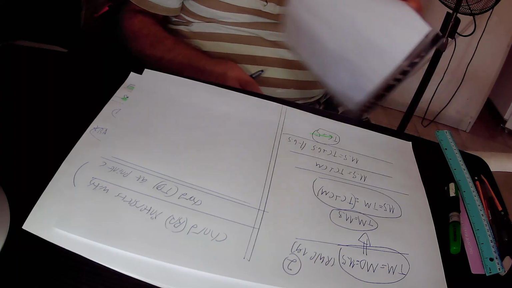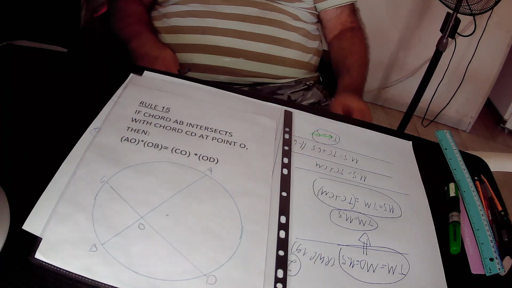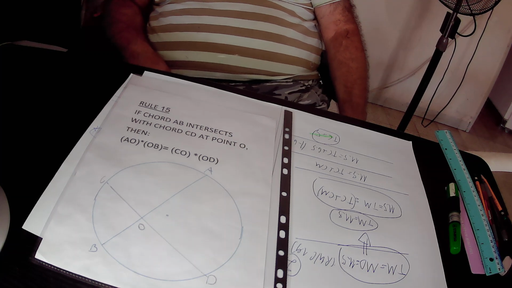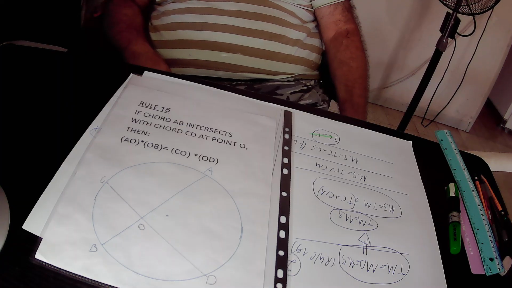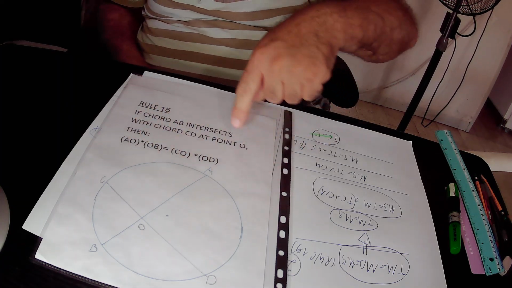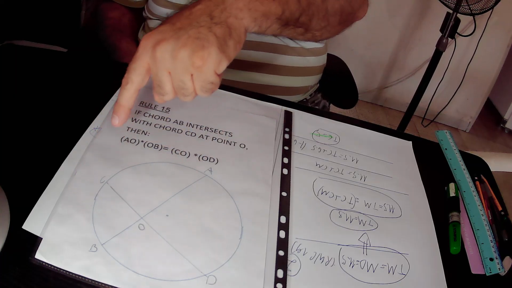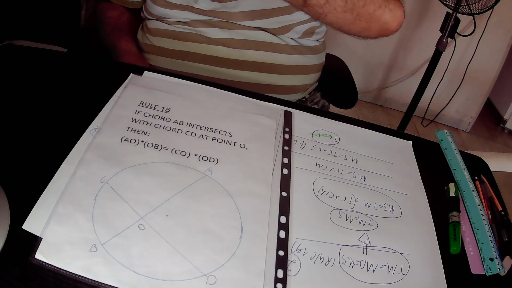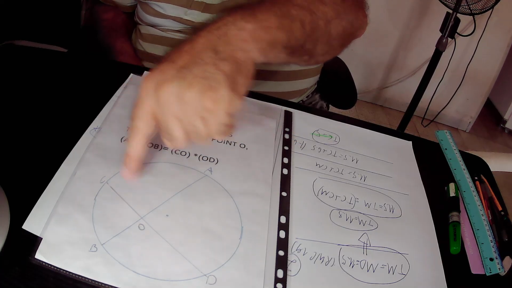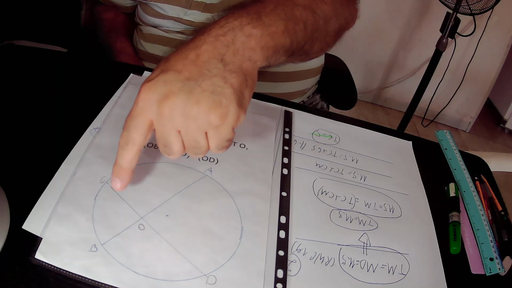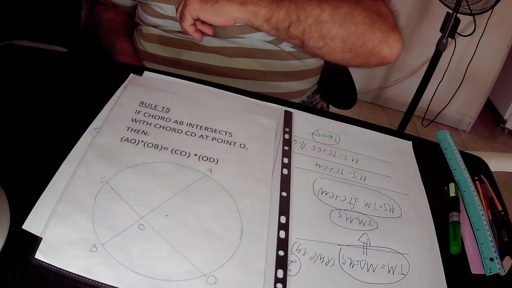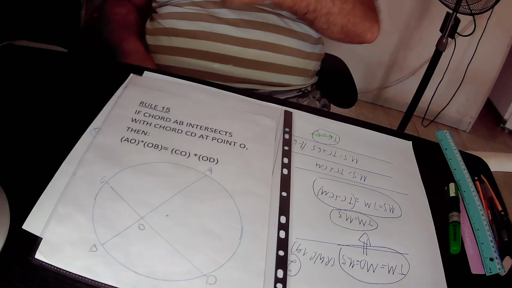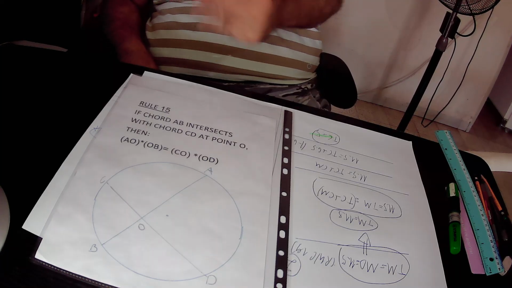According to rule 15, if chord AB intersects with chord CD at point O, then the following equation is true: AO times OB equals CO times OD. Again, AO times OB equals CO times OD. So whenever two chords intersect with each other, we can implement rule 15.